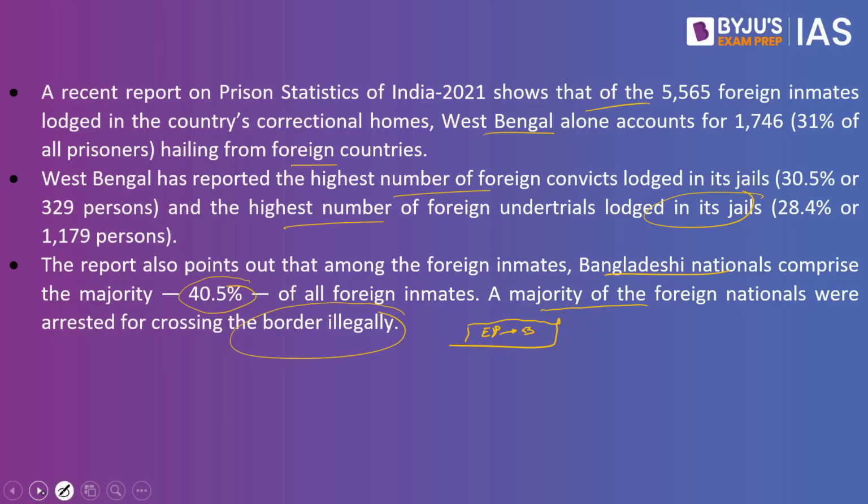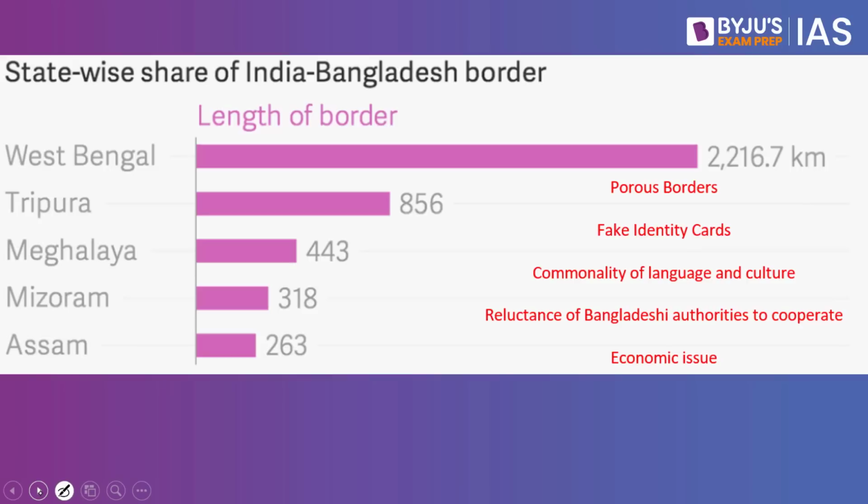Why is this tough to stop? That is because if you consider the border areas, Bangladesh has borders with multiple states in India: West Bengal, Tripura, Meghalaya, Mizoram, and Assam. So, what is the major issue? The major issue happens to be the porous borders. Yes, we do have the Border Security Force guarding the border area. We do have fences as well.